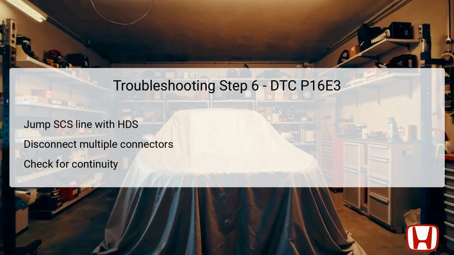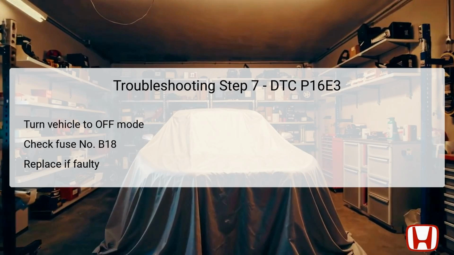In Step 7 of the troubleshooting procedure, start by turning off the vehicle to ensure safe inspection. The next action is to check fuse number B18, which has a rating of 10 amperes and is located within the underhood fuse and relay box. This fuse is essential as it protects circuits associated with the battery sensor.